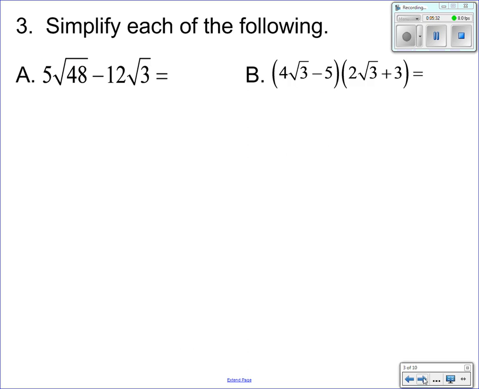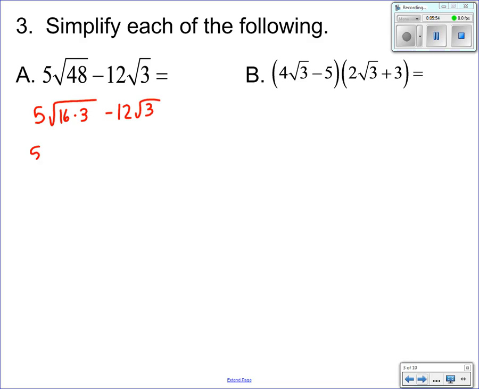Now some math involving radicals. So let's simplify each one of those radicals. First let's pull out any perfect squares. 48 can be written as 16 times 3. There are no perfect squares that multiply into 3.